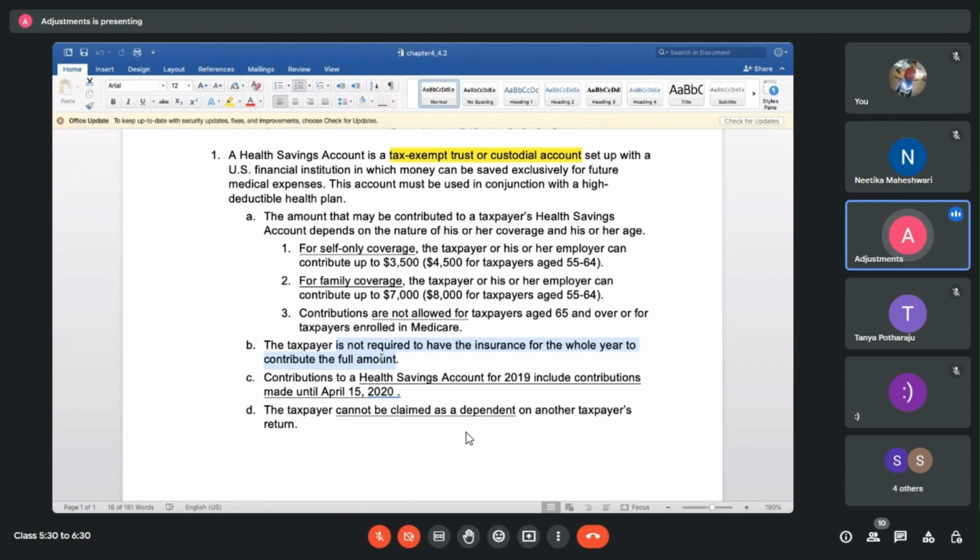That's why they've made these marketplaces for health insurance. Marketplaces meaning some government-led offices or institutes where you can go and buy health insurance.